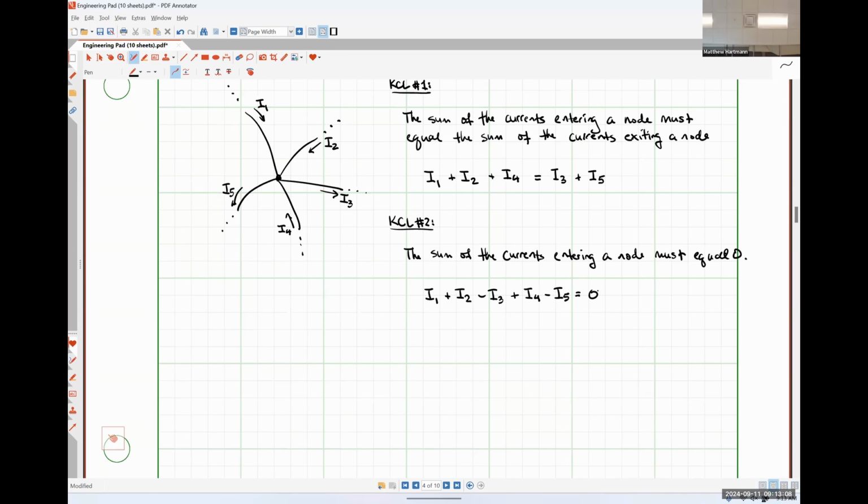Our third representation of Kirchhoff's current law will be just the sum of the currents exiting a node must equal 0, where everything that's exiting gets a positive sign and everything that's entering gets a negative sign, right?